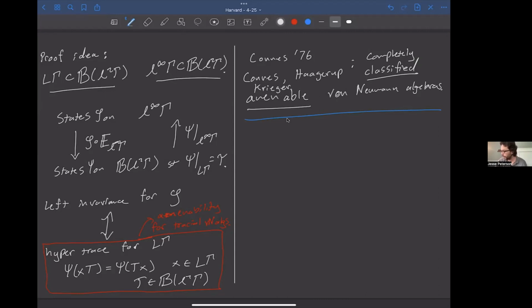So another way to phrase amenability is: gamma is amenable if and only if the left regular representation has almost invariant vectors.